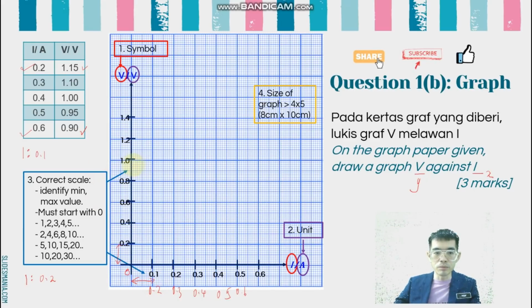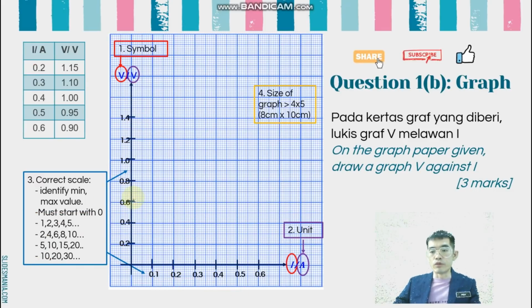So that means the minimum size of the graph must be 4 units at the x-axis and 5 units at the y-axis. This is the minimum size for the graph. So that means it's a minimum of half a page of your graph paper.